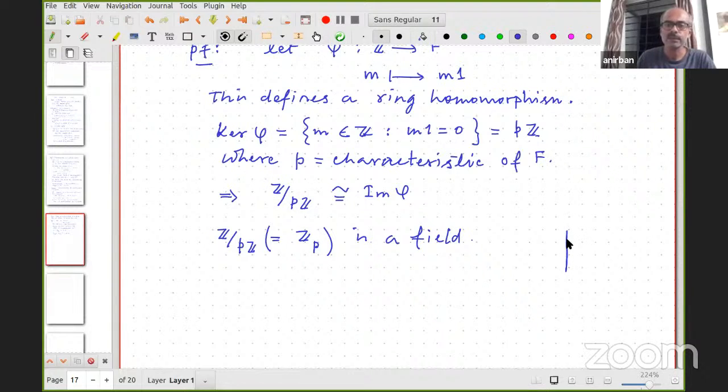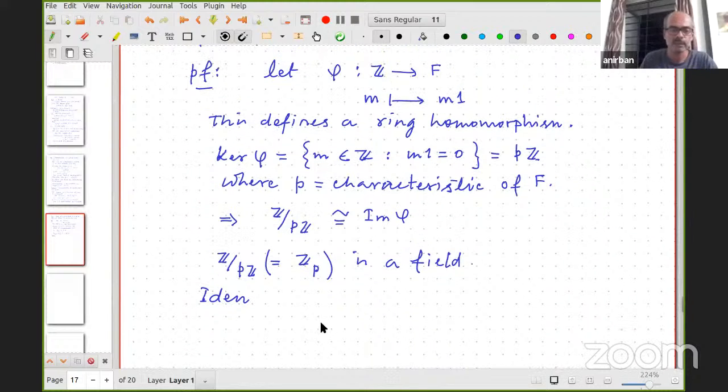So we have an isomorphism, and we can identify this Z_p with the image, which is sitting inside F, the finite field.